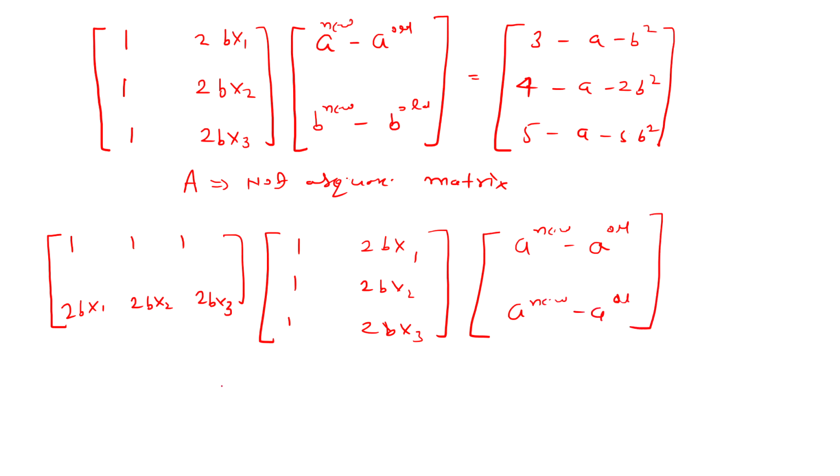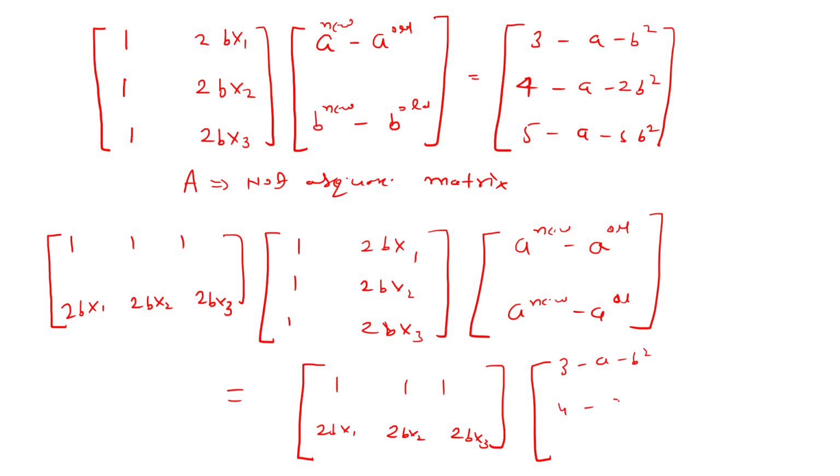The right side will also be multiplied with this 1, 1, 1, 2bx1, 2bx2, 2bx3, and then we have 3 minus a minus b square, 4 minus a minus 2b square, 5 minus a minus 5b square.